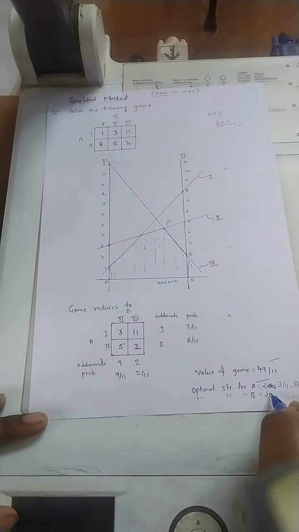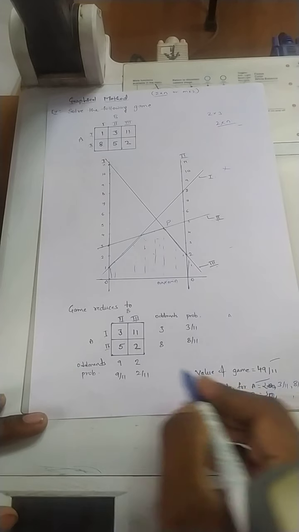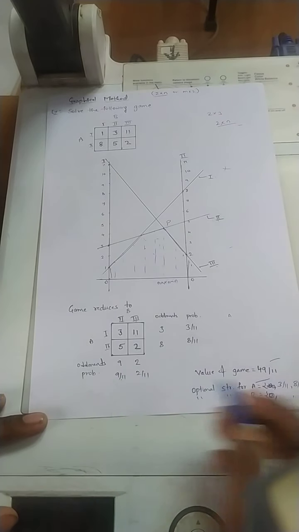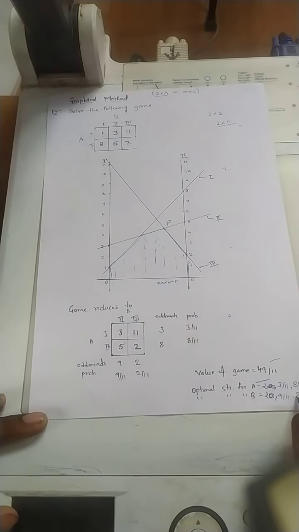That is why I have written 0, then 9 by 11 and 2 by 11. For A, I should not write 0 because even in the beginning there were 2 strategies. I have written 0 for B because there were 3 strategies in the beginning, so 3 elements should be there, and the first is 0 because that strategy has been eliminated by the graphical method.